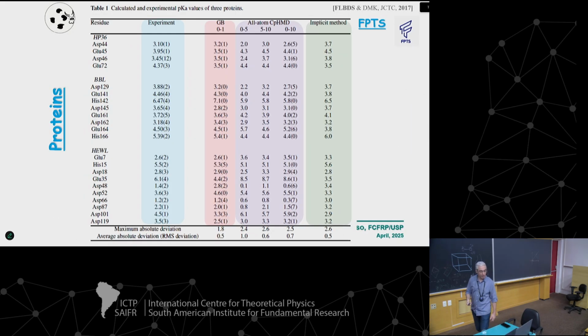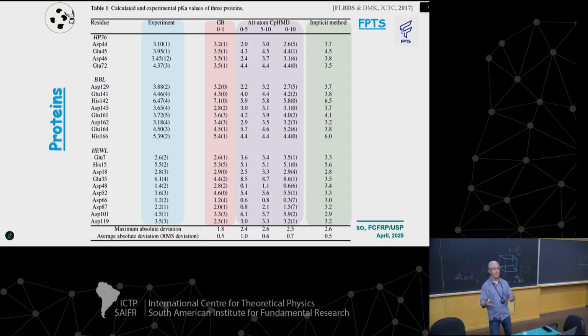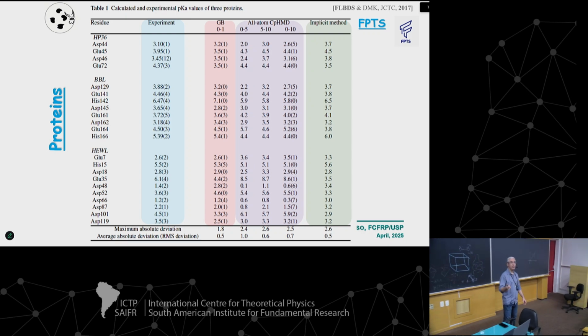But let's look at the benchmark against experimental data. So there are three proteins that are very often used in benchmark studies. Here I have HP36, BBL, and one of the lysozymes. You have here the experimental data, predictions from our all-atom simulation, our implicit method, I mean FPTS, and the GB approach.